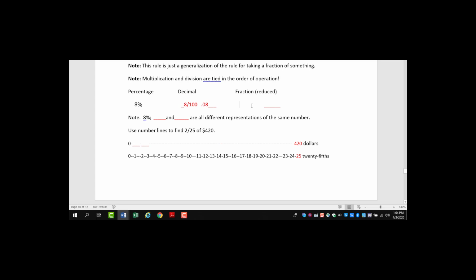And as a fraction, it is simply 8 over 100, which we can reduce, divide by 2, divide by 2, 4 over 50, which we can reduce again to 2 over 25. So 8% is the same as 0.08 is the same as 2 over 25.